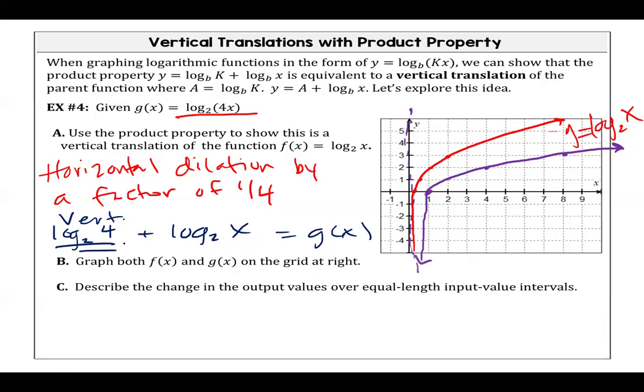And what is log base 2 of 4? 2 to what power is 4? It's 2. So this becomes 2 plus log base 2 of x, which is equivalent to log base 2 of 4x. Depending on which one you have, you're going to describe the transformation differently. Does that make sense? But they're exactly the same.